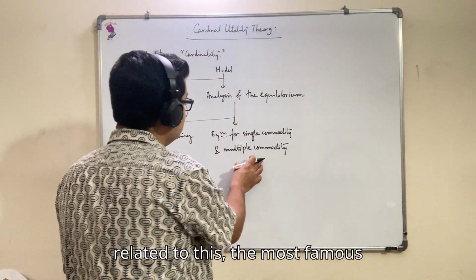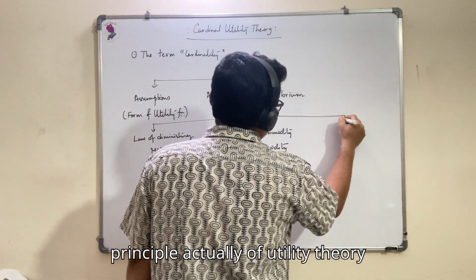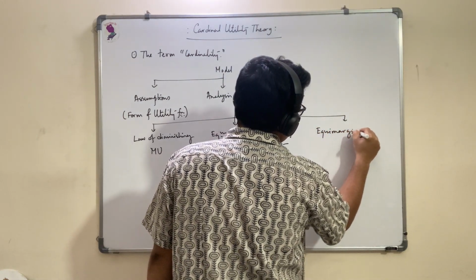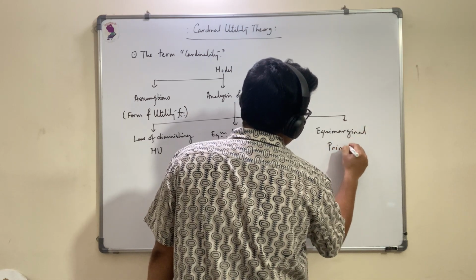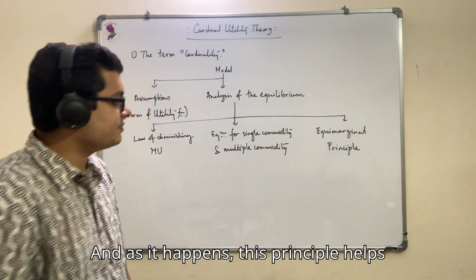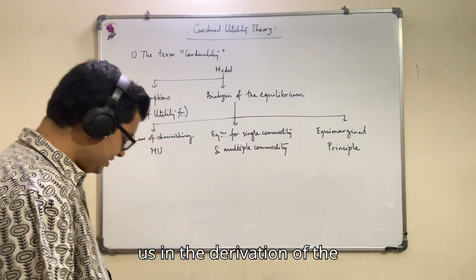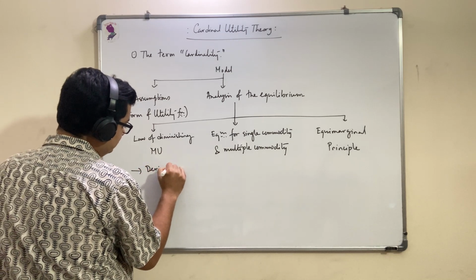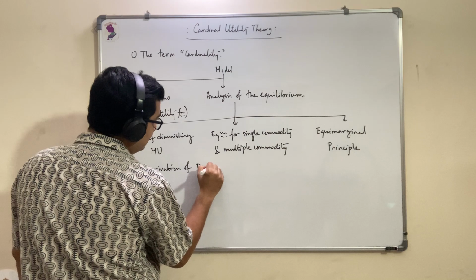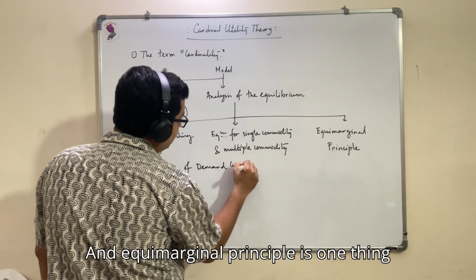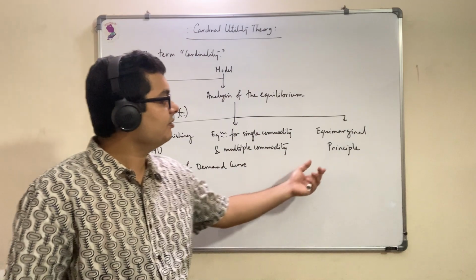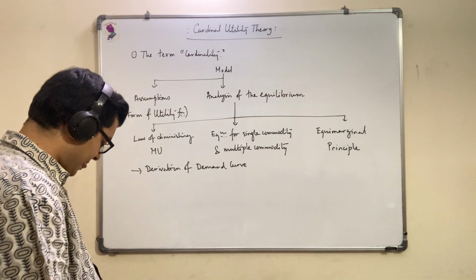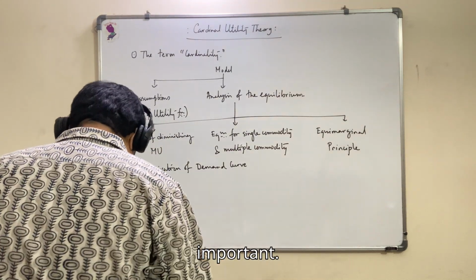And related to this, the most famous principle of utility theory is the Equi-marginal principle. As it happens, this principle helps us in the derivation of the demand curve. And the Equi-marginal principle is one thing which remained intact in ordinal utility theory also. So in that way it is very important.